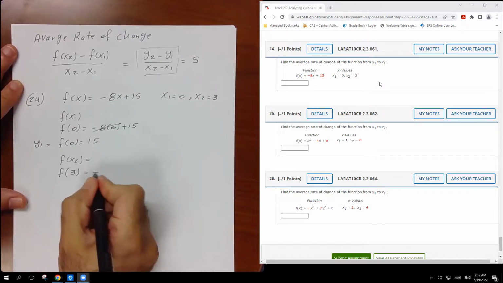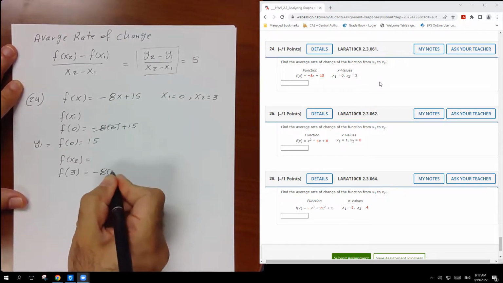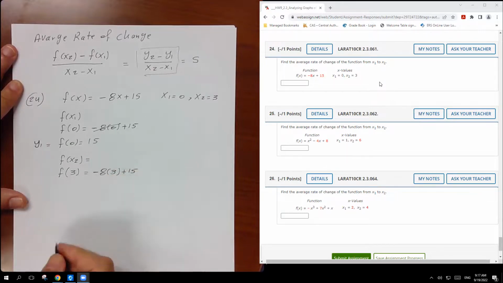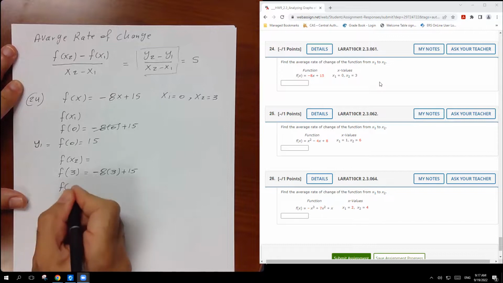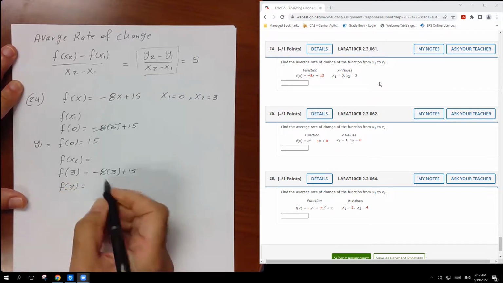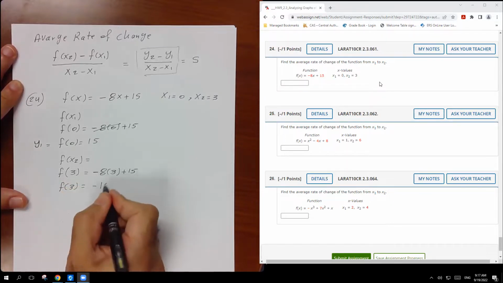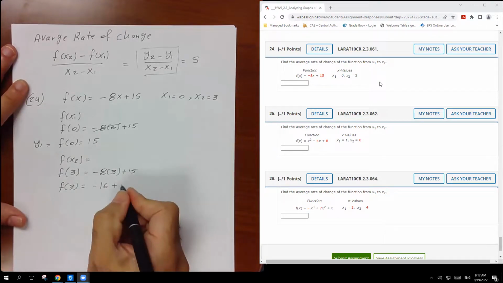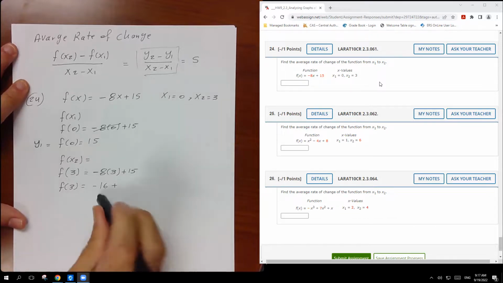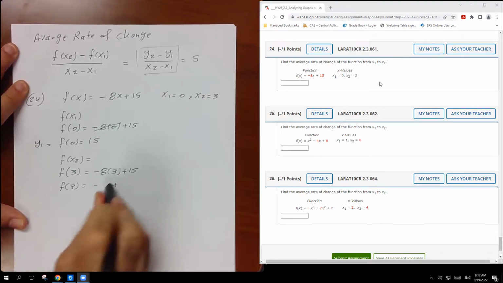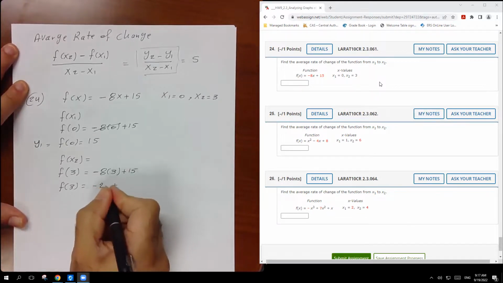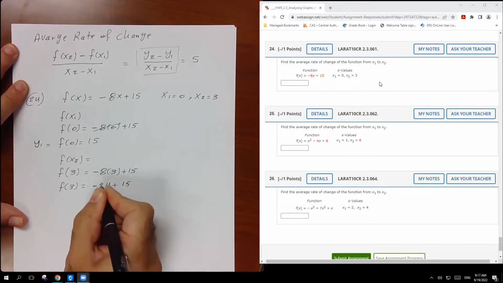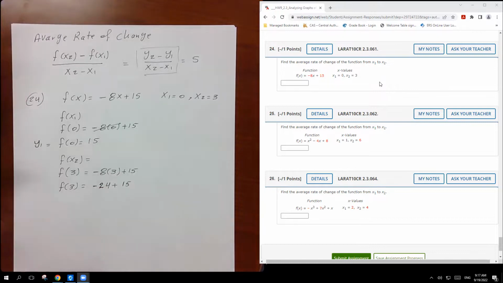This one is going to be negative 8 times 3 plus 15. That means f of 3 is going to be equal to negative 8 times 3, which is negative 24, plus 15. Now what are you going to do next?